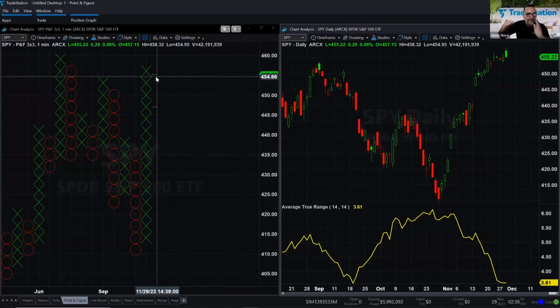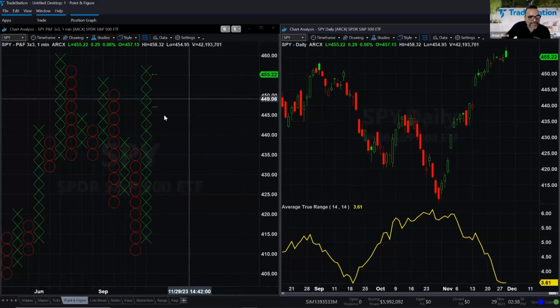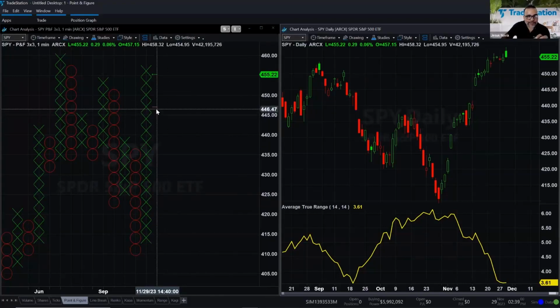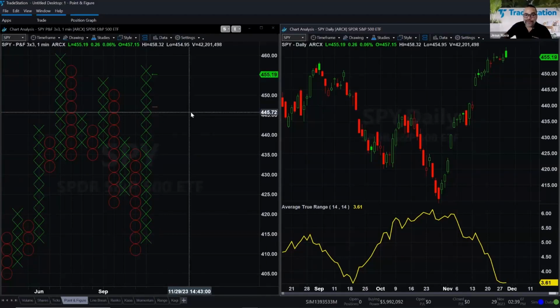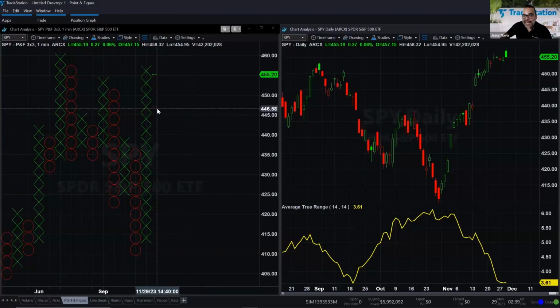A couple of things happening here as well. Everybody sees the arrow that is pointing here towards that column of X's, and that goes along with the current price of Spider, 455.23. Do you guys see this little dash, more of a color red, pointing also right there to the column of X's? That little red dash represents your reversal level.